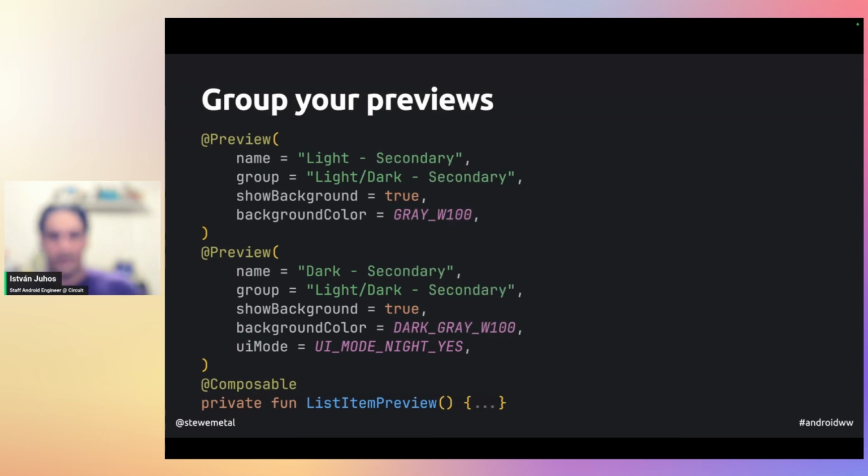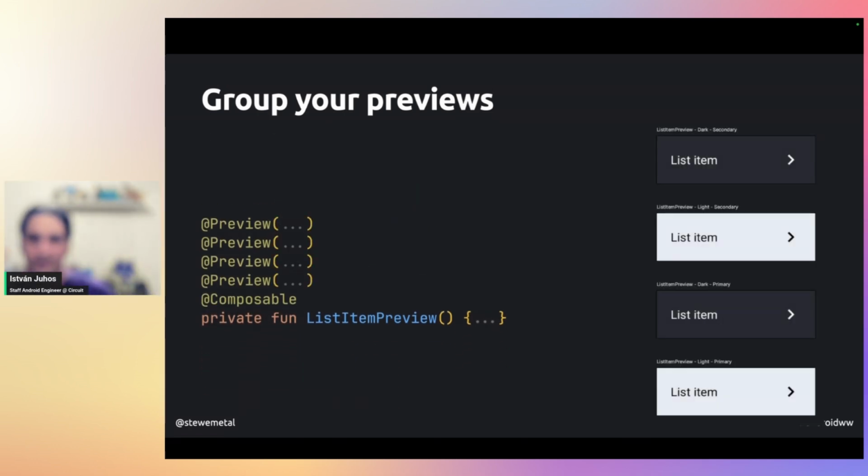Okay, some minor modifications. We can add 2 more preview annotations to the same preview composable. This time it's light secondary and dark secondary, and the group name is light/dark secondary. What we achieve with this is that we use all of the 4 previously shown previews together on a preview composable. We get those 4 different previews.